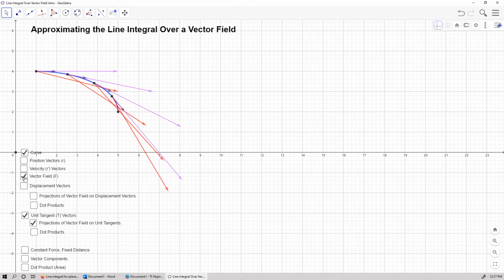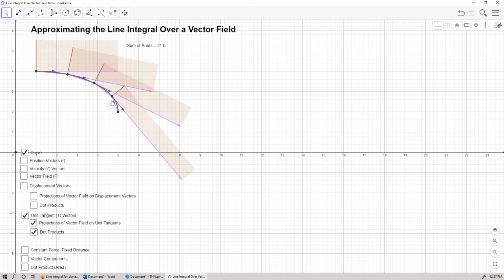So I can get rid of these, and I'm only really concerned with the amount that's pushing in the direction of the motion. This time the direction of the motion is defined by the tangent vectors. Now we look at the dot products.